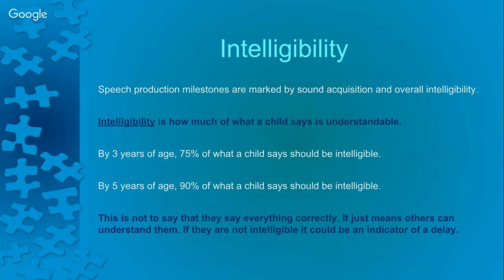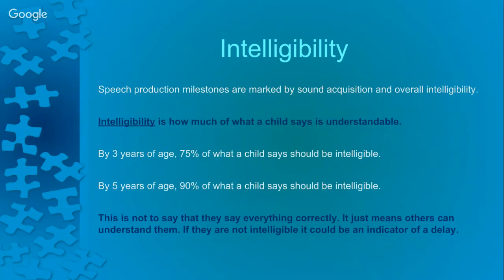Intelligibility is how much of what a child says is understandable. By the age of 3, we expect that 75% of what a child says should be intelligible. That means 75% of what a child says at the age of 3 is understood by non-family members. By 5 years old, 90% of what they say should be intelligible.